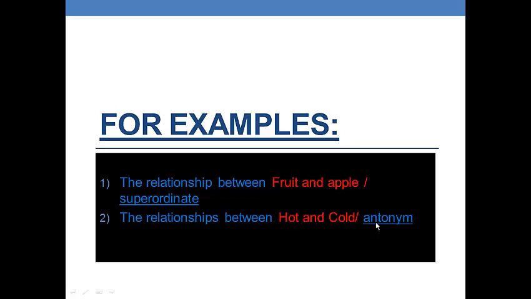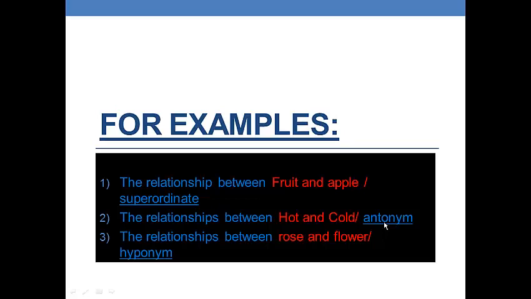Because anto means opposite and nym means word. I think this word comes from the Greek language also. Alright, and then example number 3, we're talking about the relationship between a rose and a flower.